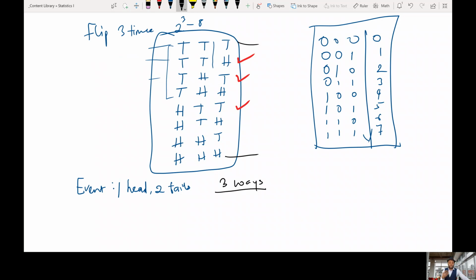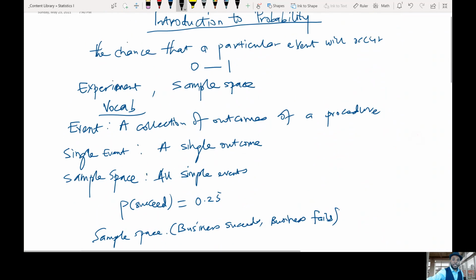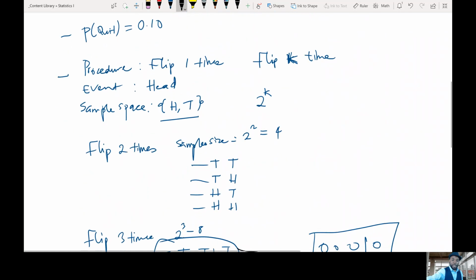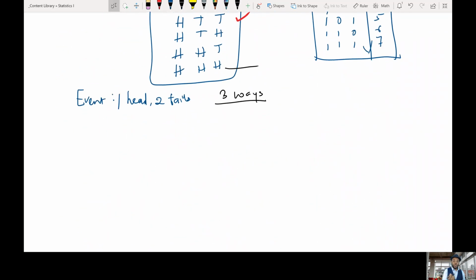So now that you understand that, we can use these words to define probability. What's a probability? We said earlier that it is a chance. So the chance that a particular event will occur. We can also define probability as the likelihood of an event occurring.